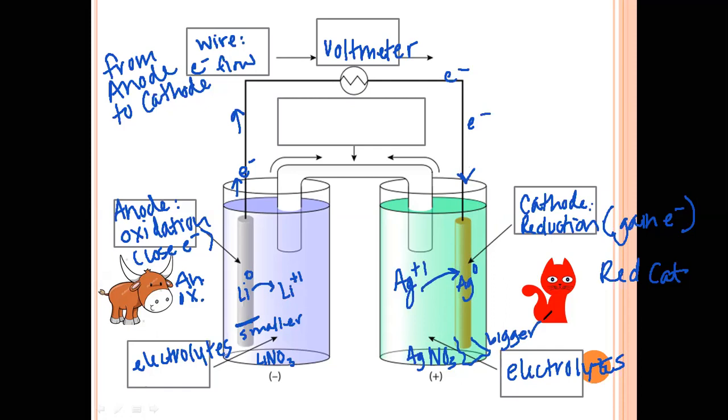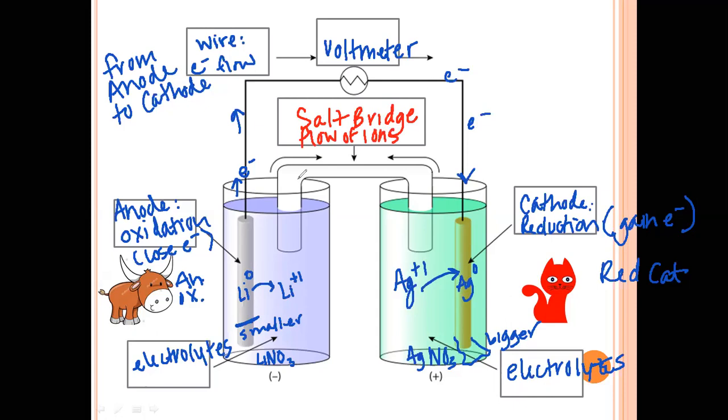Okay, so let's talk about the thing in the middle. And this is called the salt bridge. The salt bridge completes the circuit, allows for the flow of ions to make sure charge is conserved.